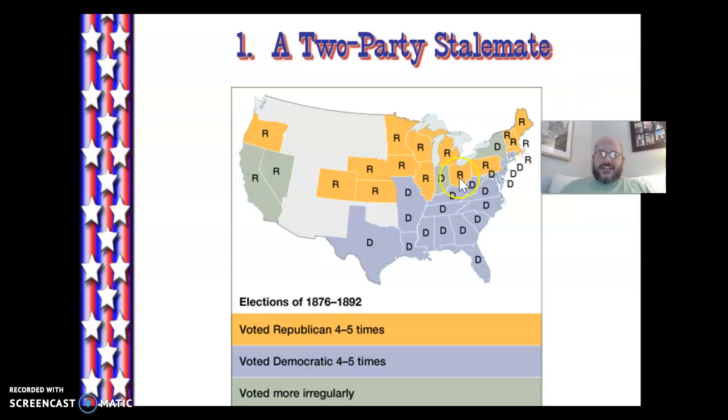You can still see that old slave, non-slave state separation there. Republicans are going to be dominating the North, and Democrats are going to be dominating the South. Now, there's going to be a little bit more nuance to this, of course, but that is still going to be significant during this time period.